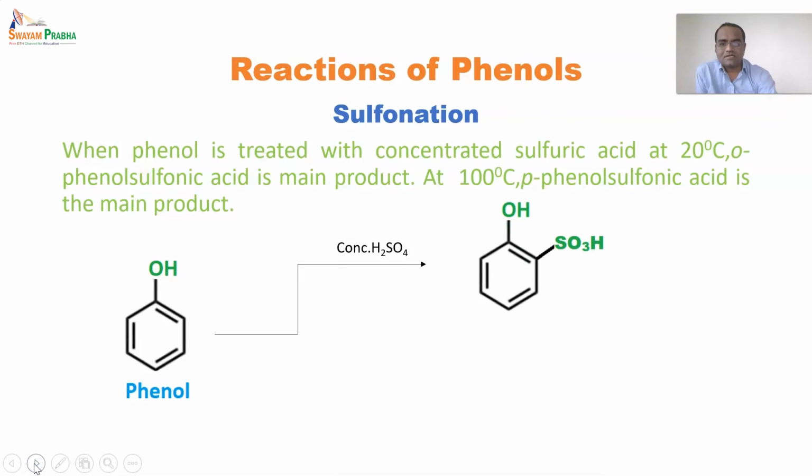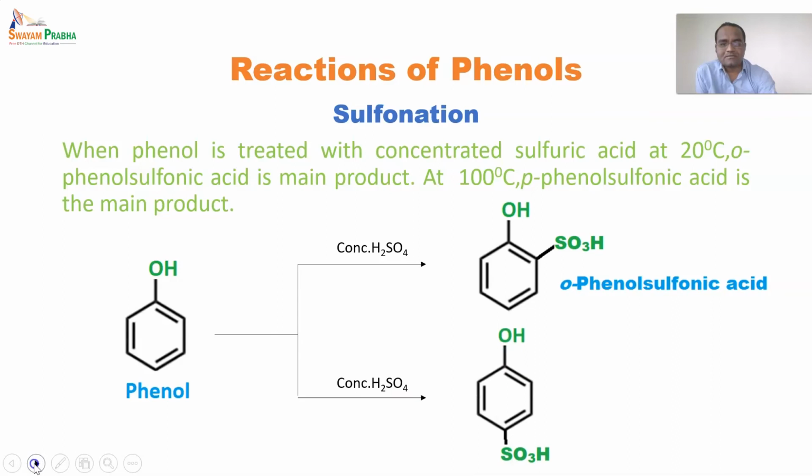It does not mean that it does not give a para product at 20 degrees Celsius, but the major product is orthophenol sulfonic acid at 20 degrees Celsius, and at 100 degrees Celsius it gives a para product, and the minor product is ortho.